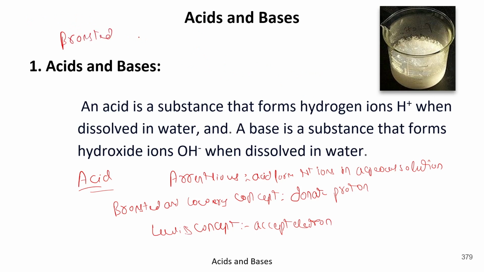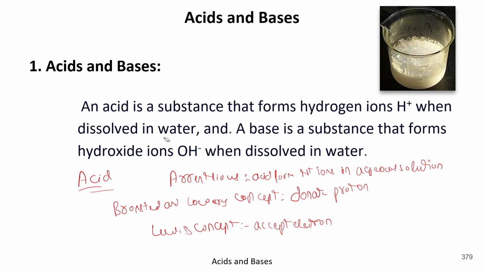Bronsted and Lowry said that if this is an acid, it has a positive charge, which is the proton, so it will donate it. So an acid donates a proton, not protein. Got it?